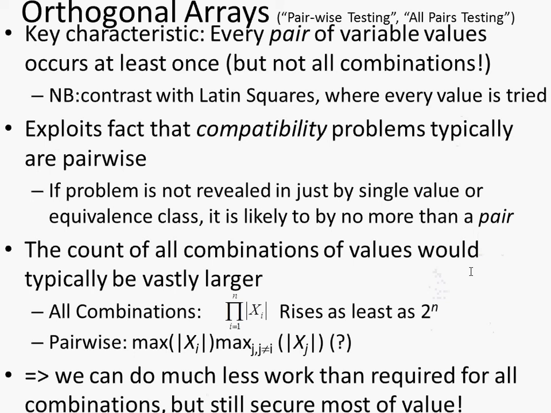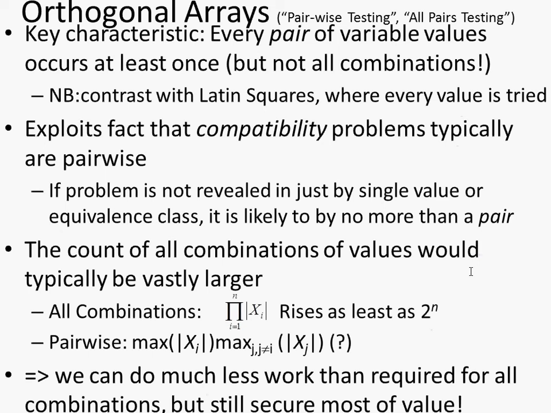And this exploits the fact that a lot of the issues of model behavior that are not manifested with respect to just one parameter are pairwise. So the model behaves in a really weird, wonky way when we have specific pairs of values. And this sort of analysis can show it without exploring all possible combinations of values.